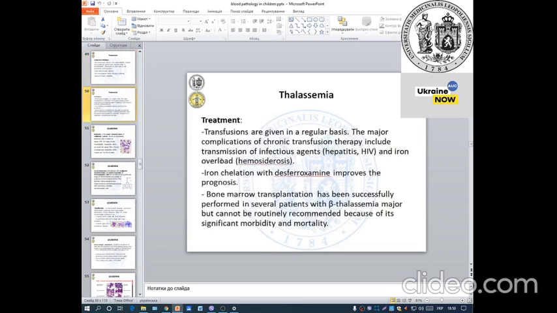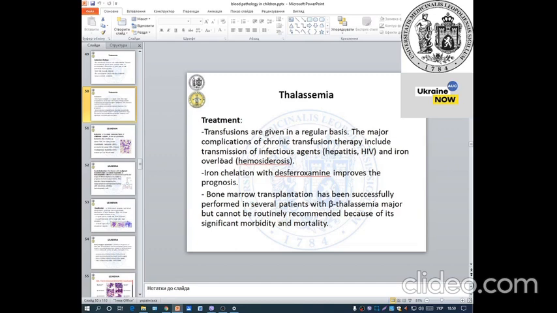The main treatment approach in patients with thalassemia is red blood cell transfusion given on a regular basis. The major complications of chronic transfusion therapy include transmission of infections such as human immunodeficiency virus, hepatitis virus, and iron overload, hemosiderosis.